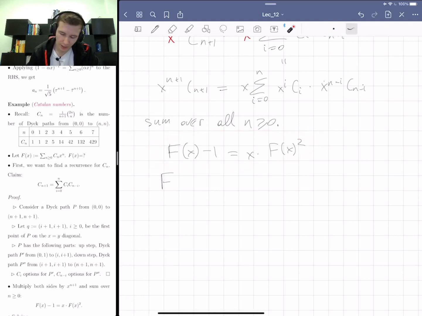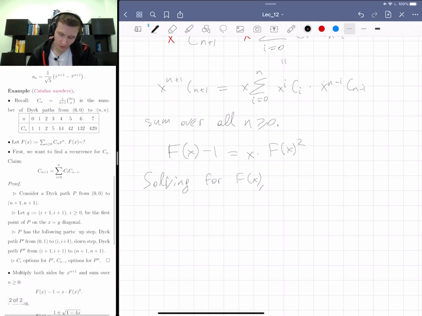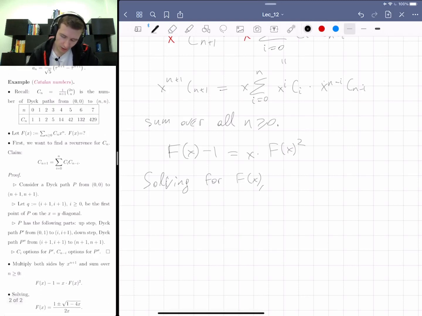I can solve my quadratic equation, though what I'm going to do now is not quite rigorous, but as an inspiration. What I get is f of x is equal to 1 plus or minus the square root of 1 minus 4x, over 2x.